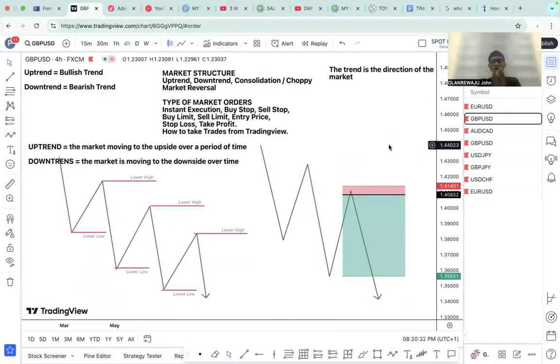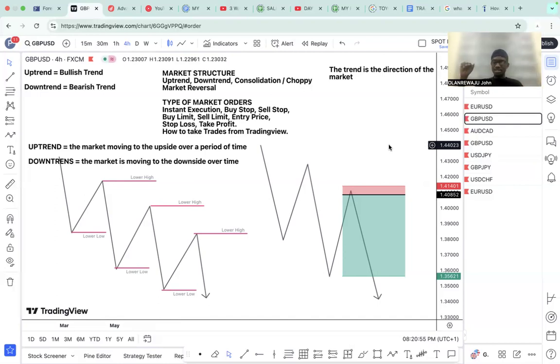This is like what I just showed you now. This is the crux of Forex trading. When the market is going up, you want to follow it up. And when it is going down, you want to follow it down. That is how you make money. When you enter for a buy and the market starts going down, that's a loss. That's how you lose money.